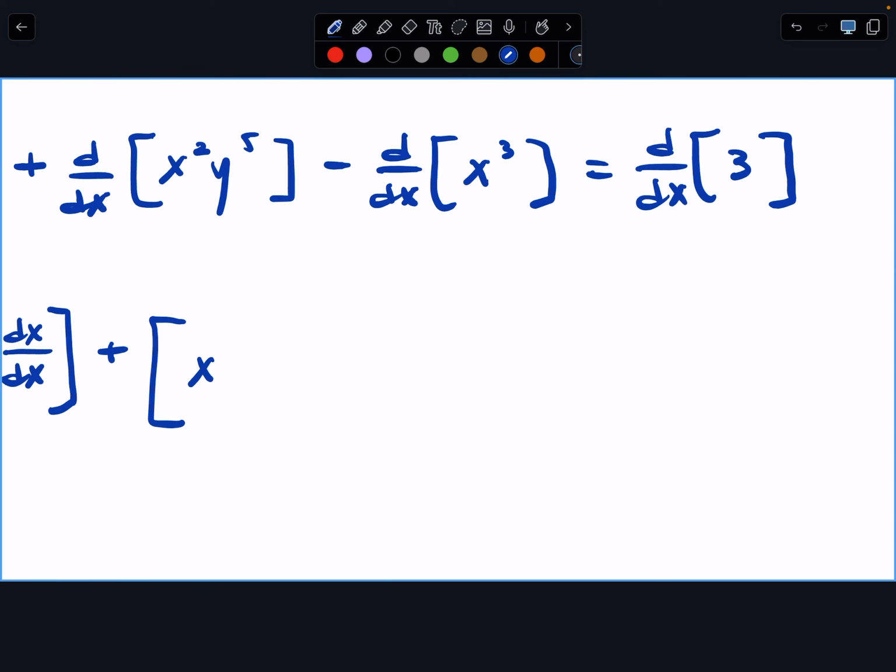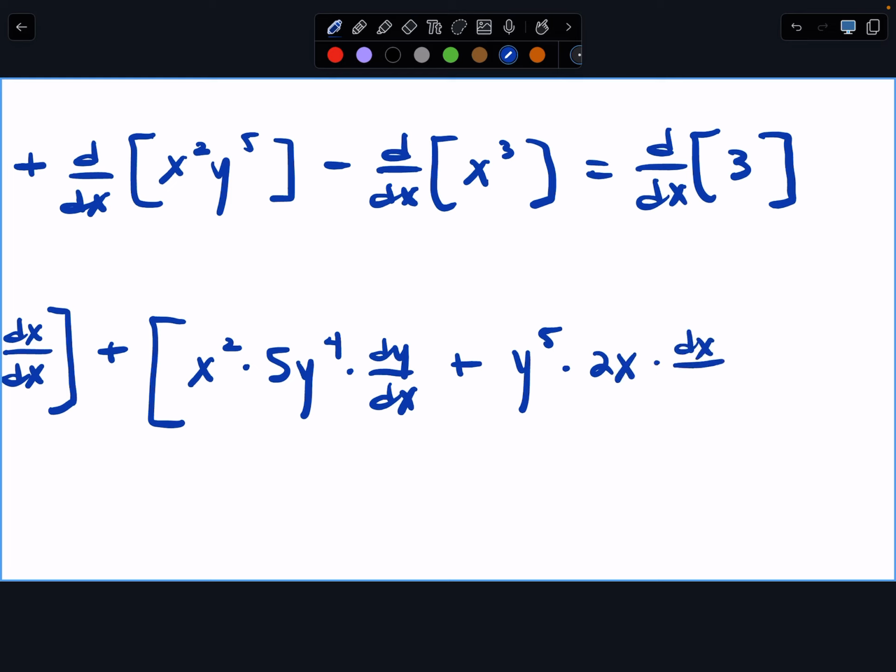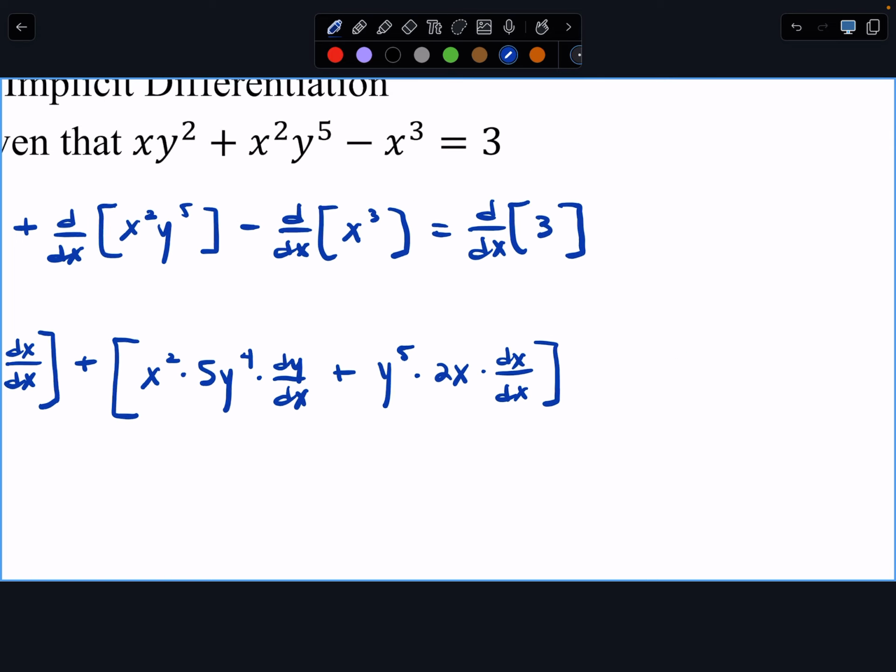All right, first factor times derivative of the second factor will be 5y to the fourth times dy over dx plus second factor times derivative of the first, which would be 2x times dx over dx. Or you guys know it's just 2x. Okay, almost there.